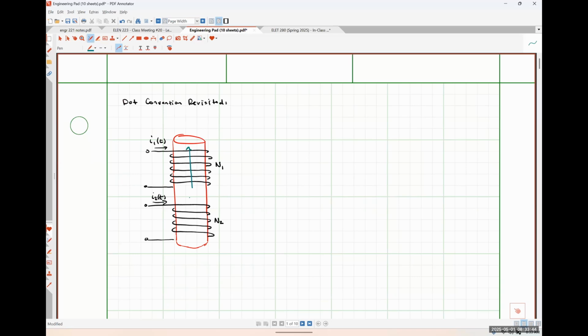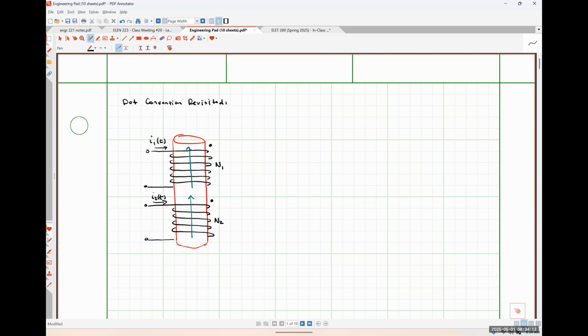Also up. So since these two fluxes are in the same direction, they would add together, okay? So what our dot convention effectively represents is a case where, hey, if the dots are on the same side, the fluxes add together. And if the dots are on the opposite side, the fluxes subtract from each other.